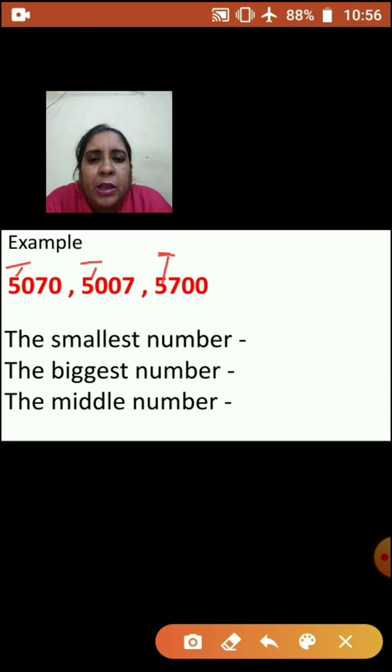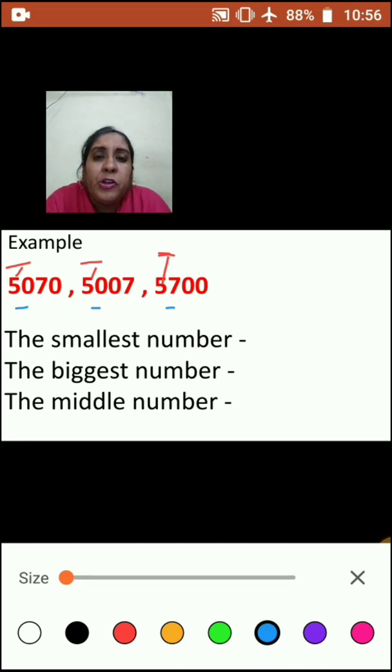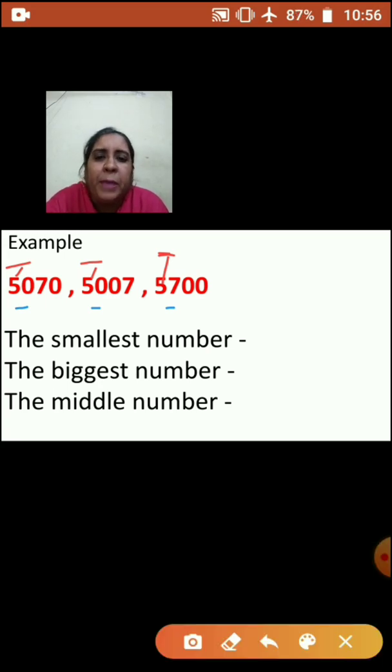Now we will see the hundreds place. Yes, let us see hundreds place. Here it is 0. Here also 0. Here it is 7. Right? So which number is smallest number here? Now both the numbers have hundreds place 0, 0 and the other is 7. So we will see 0, 0.